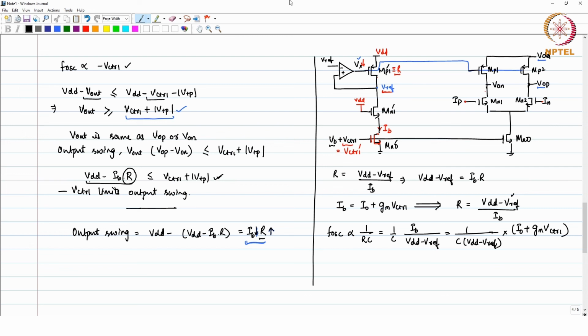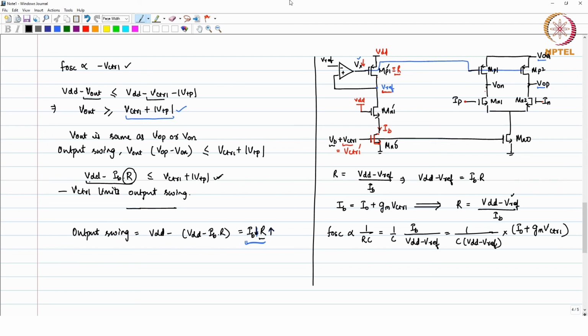It is not a problem whether F oscillator is proportional to minus V control or plus V control, that only changes the sign. The thing is that all these terms, 1 over C, VDD, Vref, I naught, are constant.